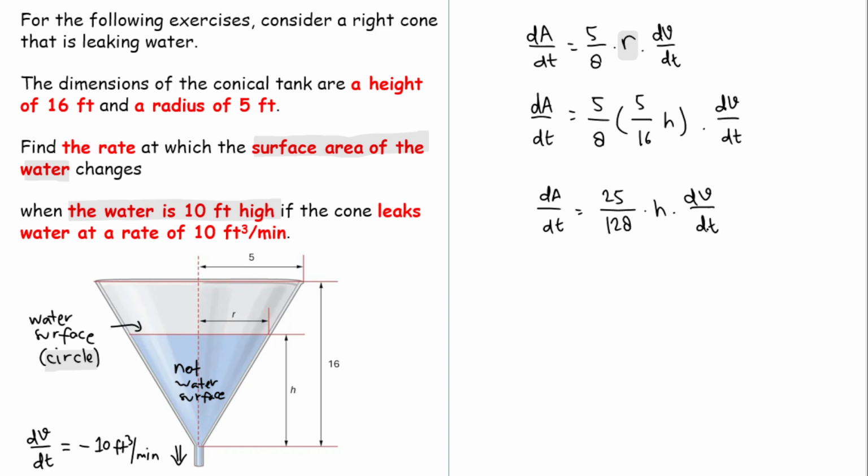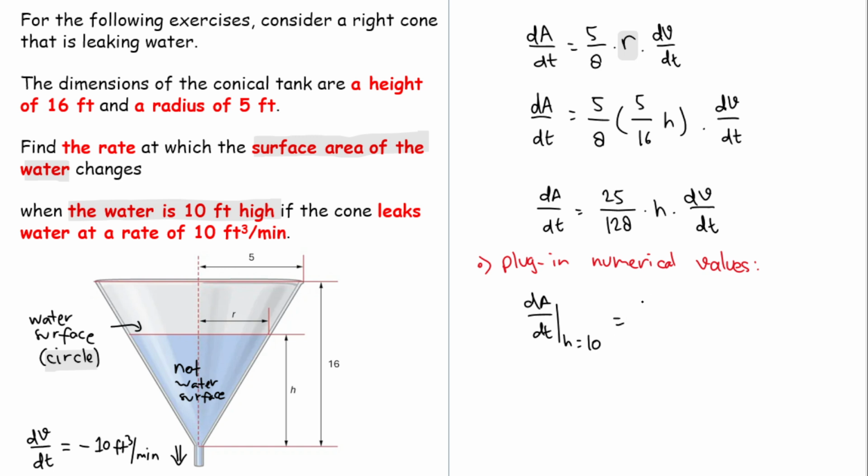Now what can we do? We plug in the numerical values, which should always be your last step. So we will have dA/dt on the left hand side when h is equal to 10 feet, right?